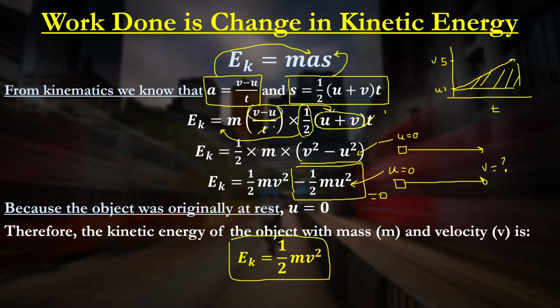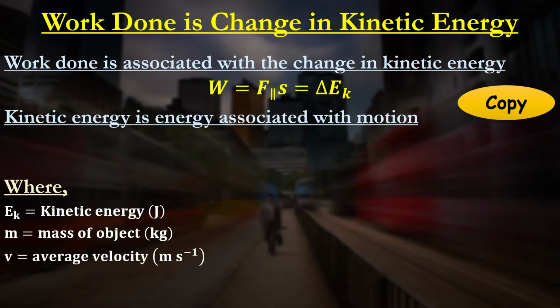Okay, so that's quite a journey we've made. So we said that the kinetic energy of an object, if it was originally stationary and then began to move, can be shown by this formula here, MAS, and we went from MAS all the way to half mv squared. And so that's the relationship we can see here.